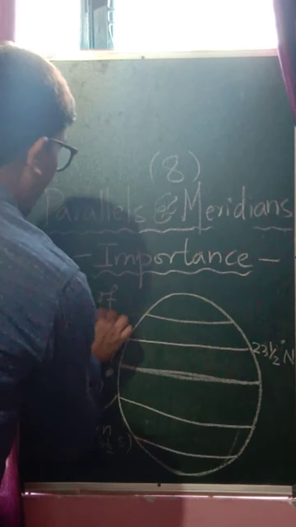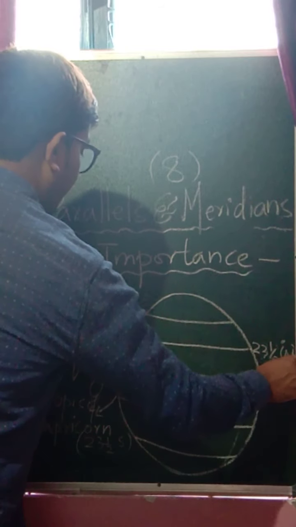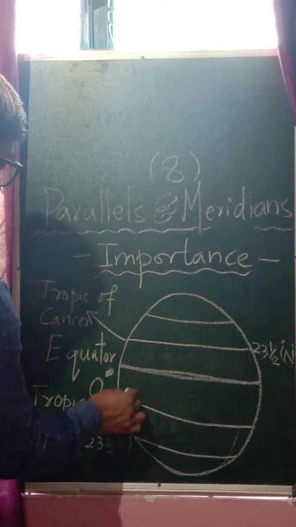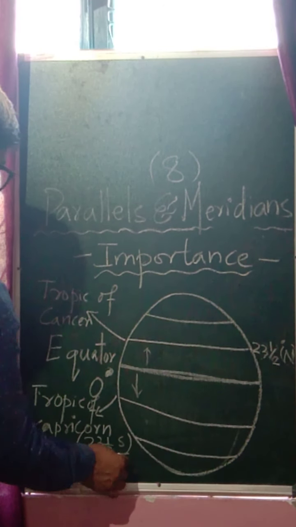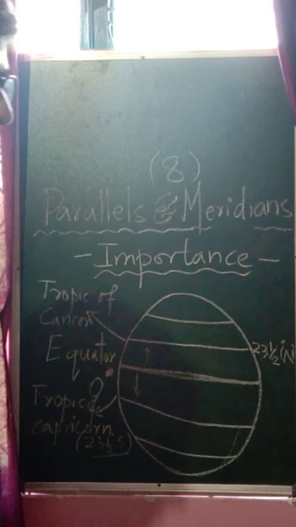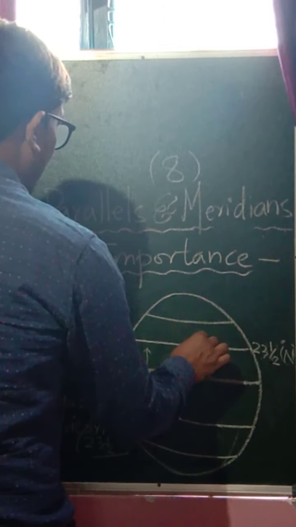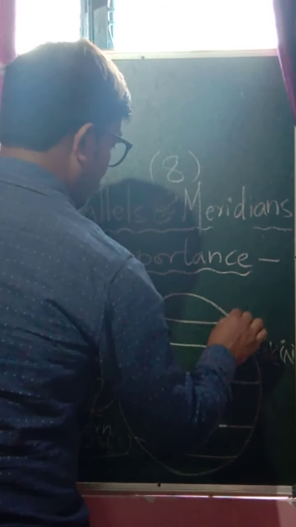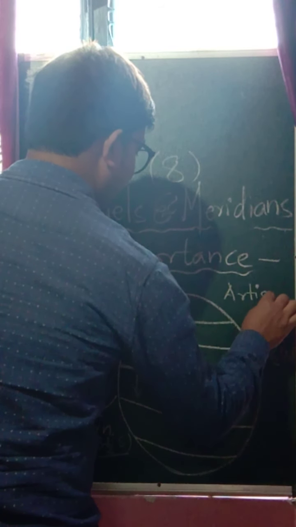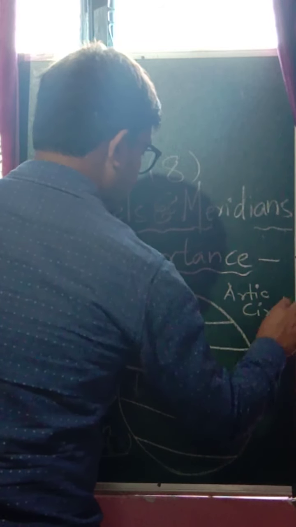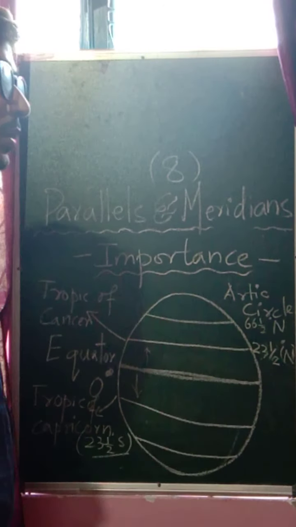As this one is in the northern part, so it is denoted as northern, or N, 23.5 degree north. And Tropic of Capricorn lies on the southern part of the equator, so it is known as the 23.5 degree south. Now, above Tropic of Cancer, there is one more degree which is known as the Arctic Circle, which is approximately 63.5 degree north.